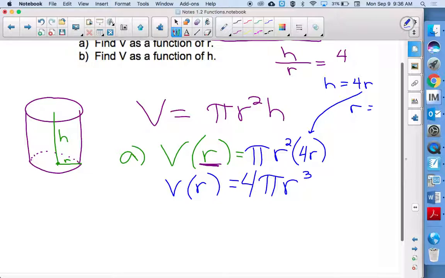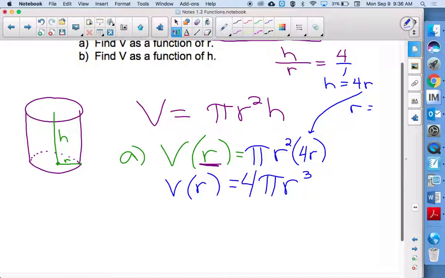But wouldn't it be 4 over 1 though? Yes, but that doesn't mean that the height is 4 and the radius is 1. It doesn't mean that height always is 4 and the radius is always 1. It's just the ratio of those values together that is going to equal that. So the height can be 12 and the radius can be 3 because that still equals a quantity of 4. Does that make sense? Yeah, I got it.